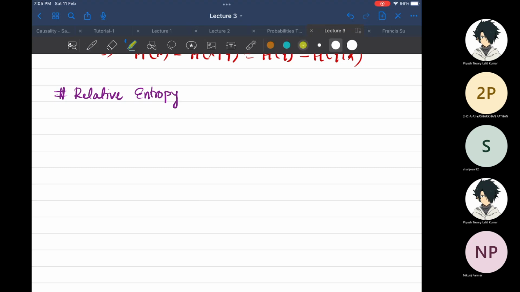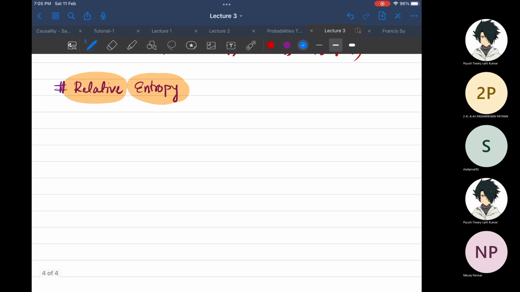So what is relative entropy? If you go into machine learning, perhaps theoretical ML or ML in general, this is something that will keep popping up. So let me formally do this. The relative entropy is a quantity again.